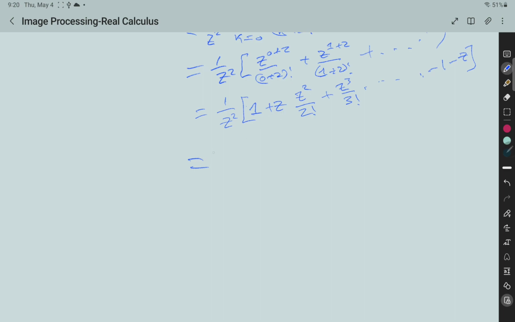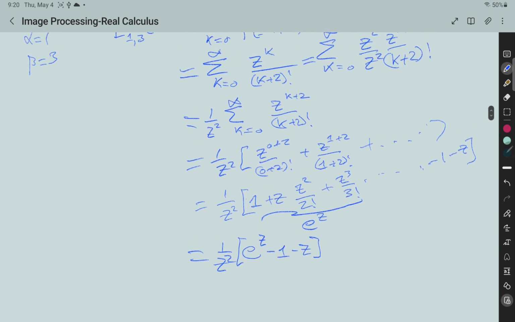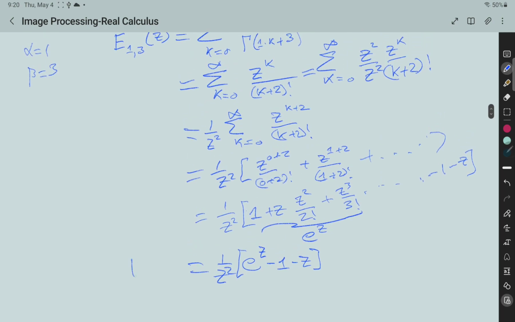That is just the exponential function, e to the z. Right? This is the exponential function. And then minus 1 minus z. Okay, so the Mittag-Leffler function E 1 comma 3 is that object. So the component that you are familiar with is the exponential function here, e to the z.